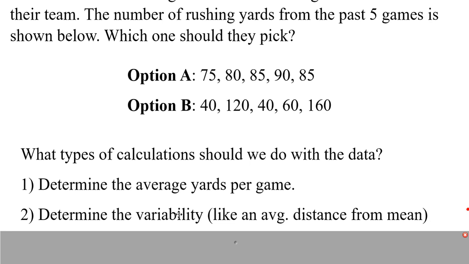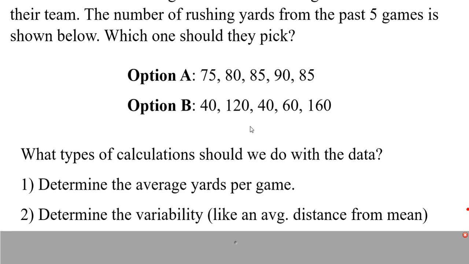What's the variability? Well, we talked a little bit about this before in the warm-up. One way of measuring the variability is the range, how far apart the high and low is. The downside of that is it doesn't tell you what was going on in the middle. Were they all clumped in the middle? Were they really all towards the ends? So the range is really a beginner way of calculating variability.